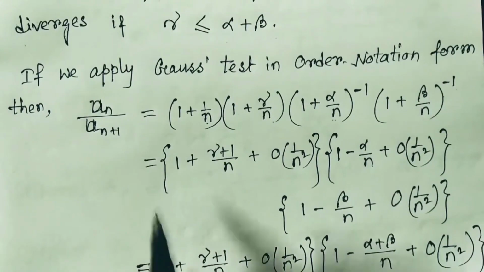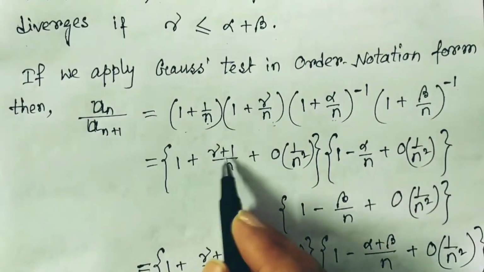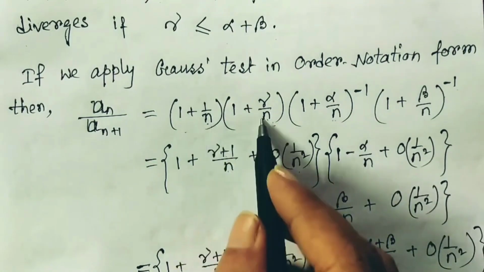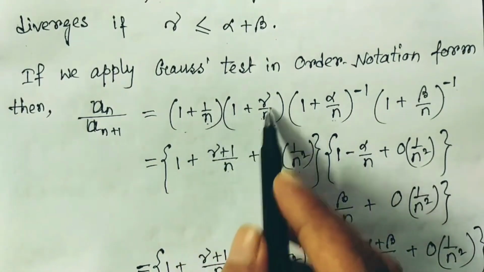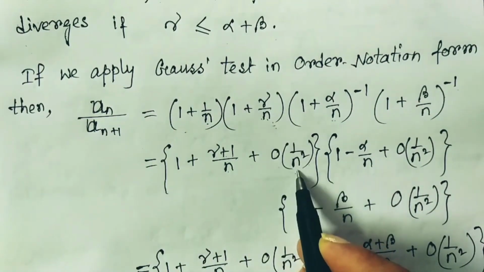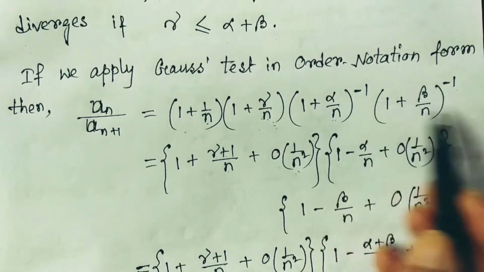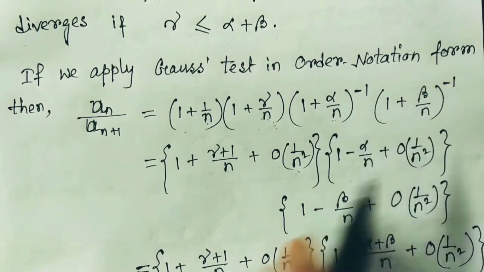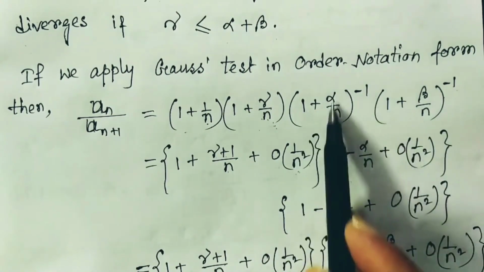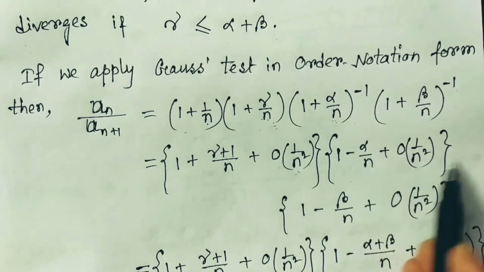So after that, if we multiply these two, then we will find 1 plus gamma plus 1 by n plus some order of 1 by n square, because if we multiply these two, we will find gamma by n square, that we can easily write as order of 1 upon n square. Similarly, these are infinite series, so we just expand this infinite series, so that 1 minus alpha by n plus alpha square by n square, in this way it will continue.